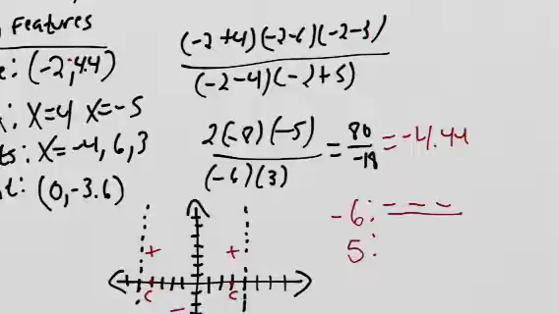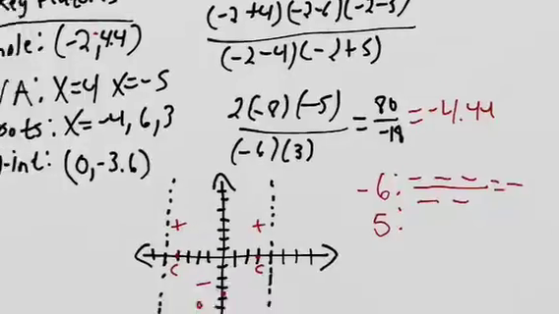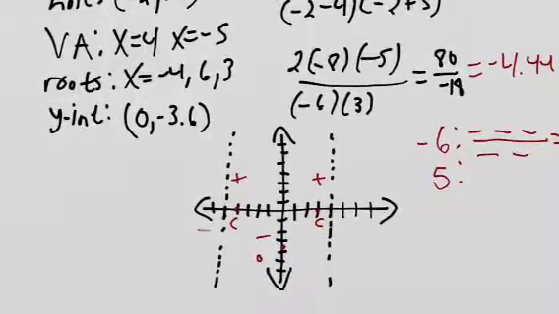And that's going to be over -6 minus 4, which is also negative, and -6 plus 5, which is also negative. That's going to give us a negative overall, which means that over here, we're negative.